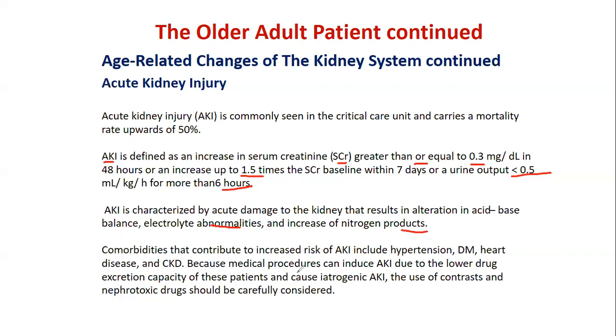Medical procedures can induce AKI, acute kidney injury, due to lower drug excretion capability in these patients, and cause iatrogenic AKI, so the cause is not known. The use of contrast and also nephrotoxic drugs should be carefully considered.